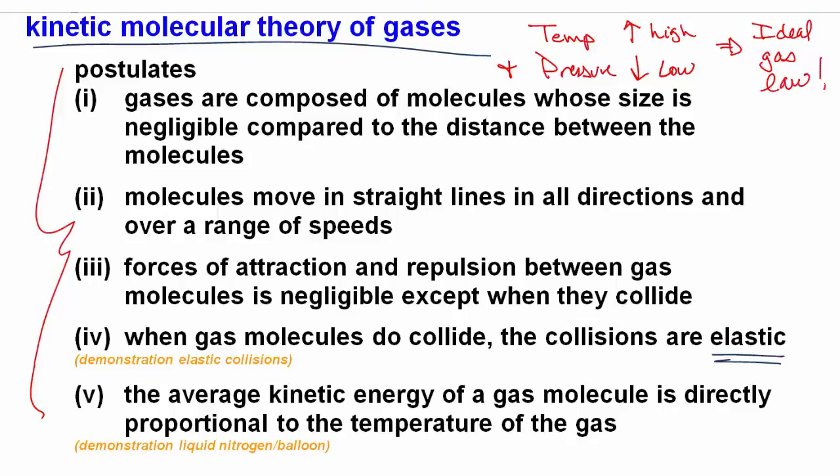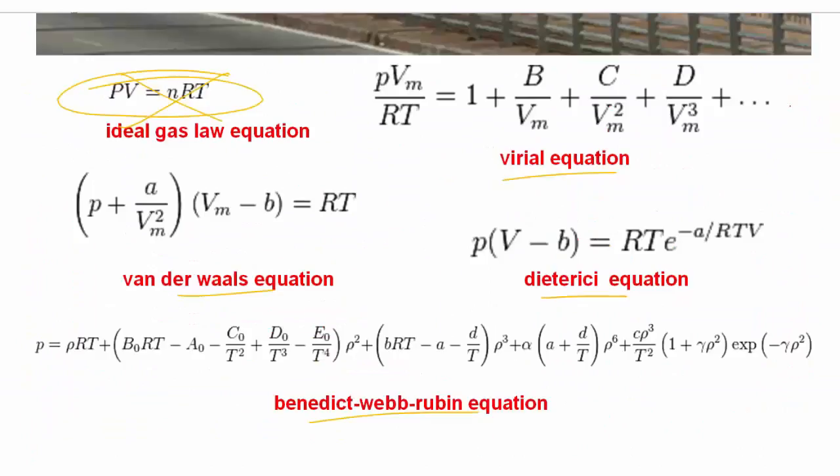Because the molecular nature of this gas, its composition, the size of the molecules, the mass of the molecules, is not important. They're acting like dots. So we can get by with the ideal gas law, PV equals nRT. If not, well, we better use a different law. And here's a bunch of them.